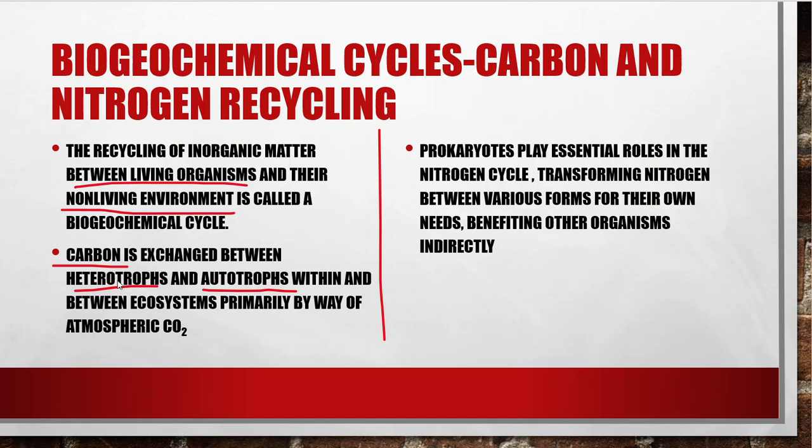The heterotrophs generally release CO2, especially the ones that do aerobic cellular respiration, through the atmosphere and then back to the autotrophs, who are going to use this along with water and sunlight to make food to go back to the heterotrophs. So the atmospheric CO2 is how this cycle works.